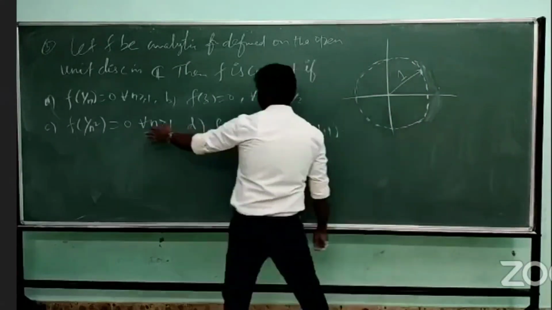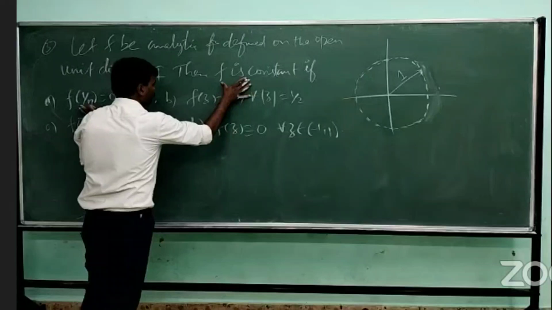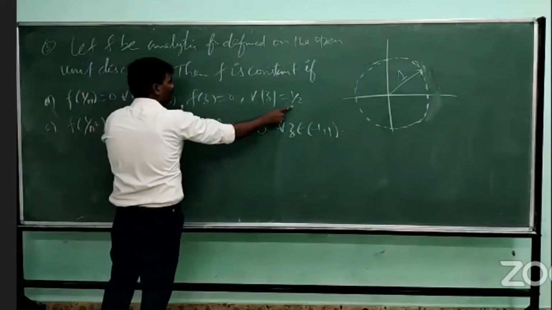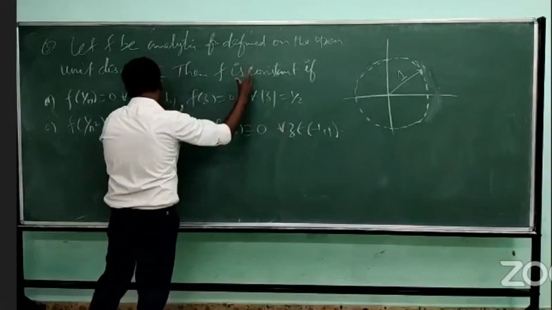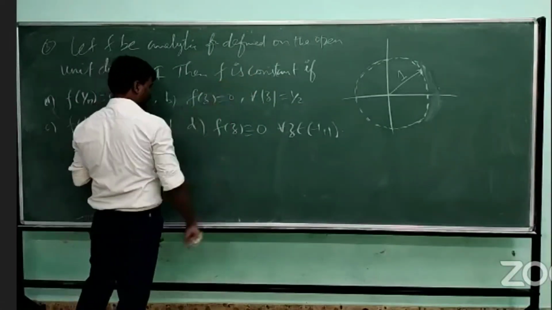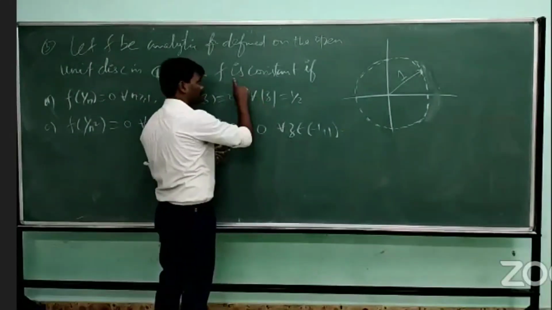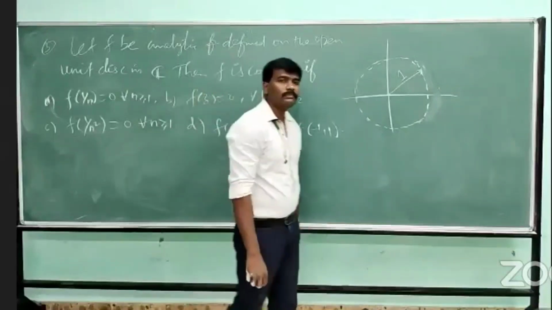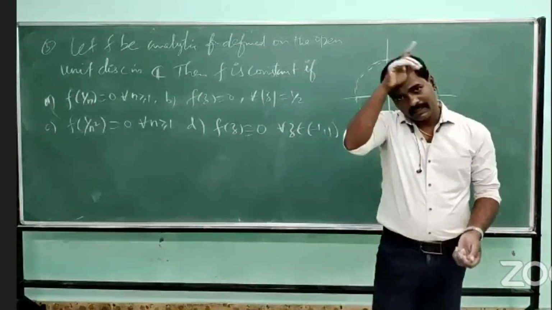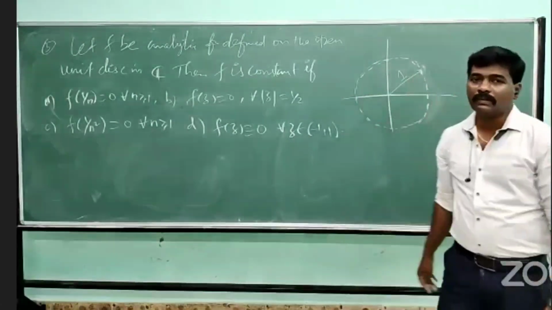Suppose f is analytic and has this property, which implies f is constant. F of z equals 0 for every element in the set, which implies f is constant. Please, come on. It will be very easy.